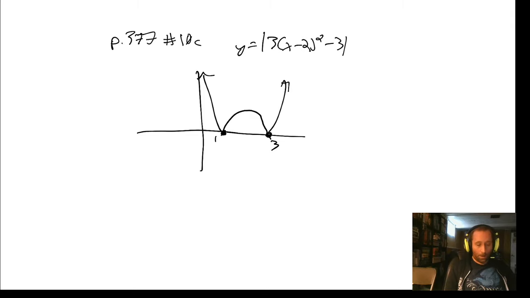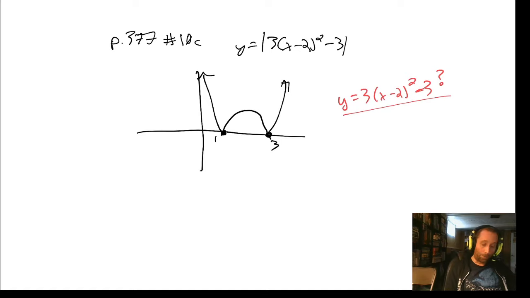So I find the best strategy for figuring out the piecewise function is to figure out what the quadratic looks like if there are no absolute value functions. Because part of this will follow this quadratic, and part of it will follow its reflection.